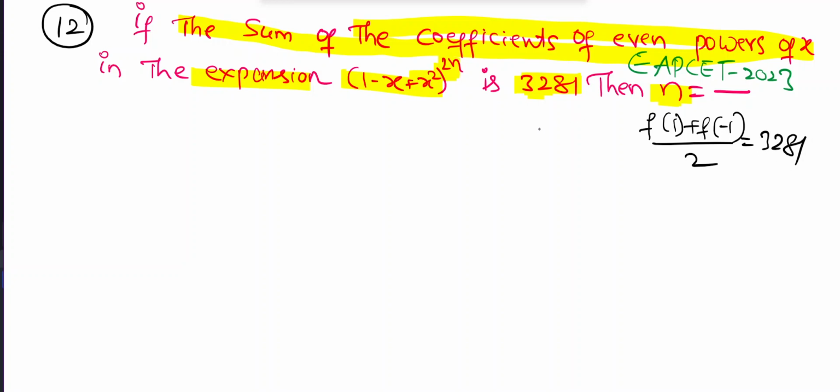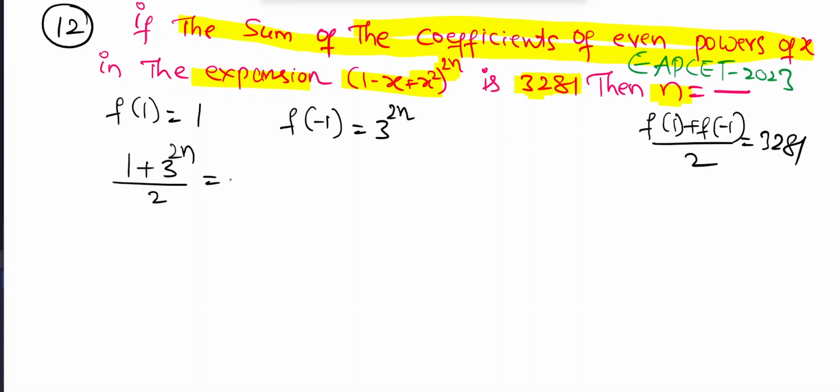This value is given, that is 3281. Now for substituting 1 in the given expansion, that is f of 1 is equal to 1 minus 1 plus 1. This is 1 power 2n is 1, and find f of minus 1. This is 1 plus 1 plus 1. This is 3 to the power of 2n. Applying this formula, f of 1 plus f of minus 1, that is 1 plus 3 to the power of 2n by 2 is equal to 3281.